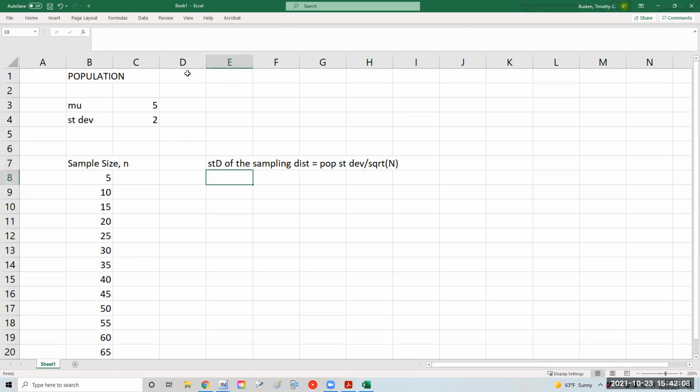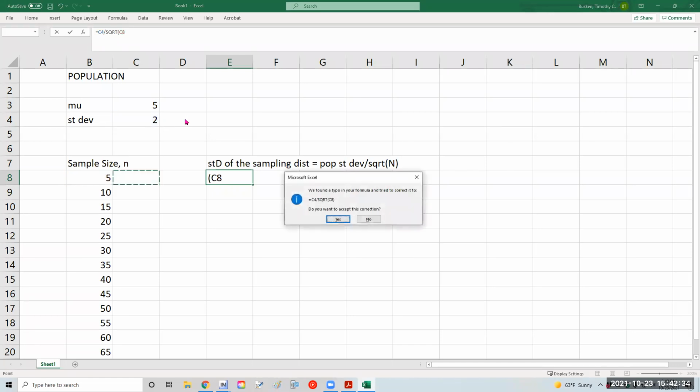All right, so let's make Excel do that. This is going to be equal to the population standard deviation, so this cell, divided by the square root of the sample size. What happened?